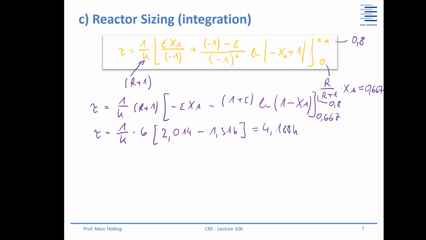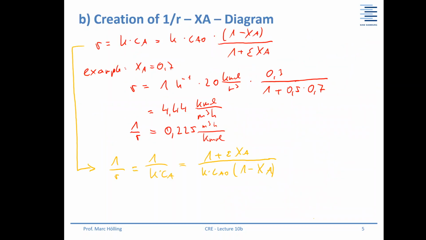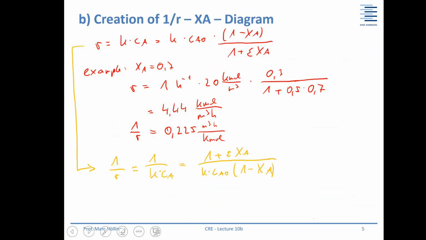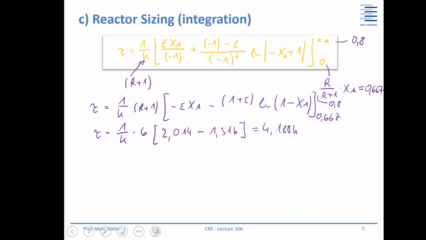If you compare it with the results that we had from the graphical interpretation, this was 4.3, and the correct value is roughly 4.2, so the graphical result is not that bad.